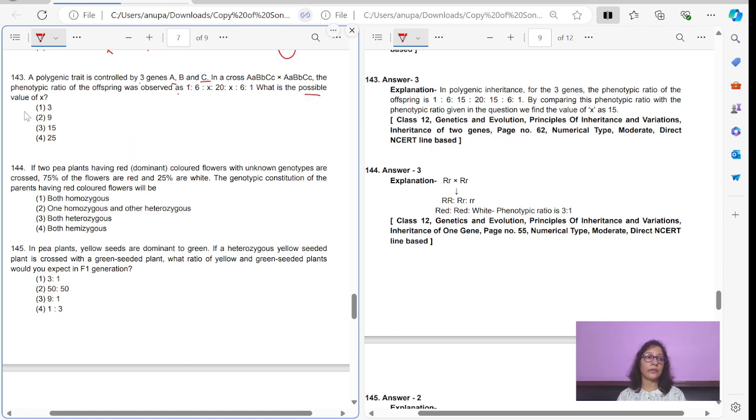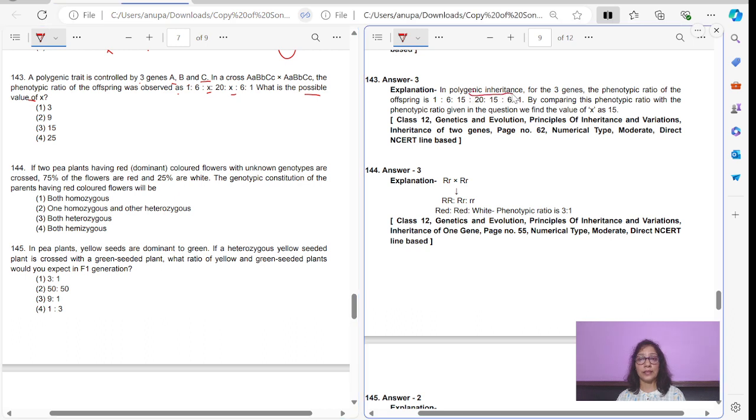What is the possible value of x? We have to find out the value of x. So we know that in polygenic inheritance, especially in the case of three genes, the phenotypic ratio of the offspring is 1 : 6 : 15 : 20 : 15 : 6 : 1.